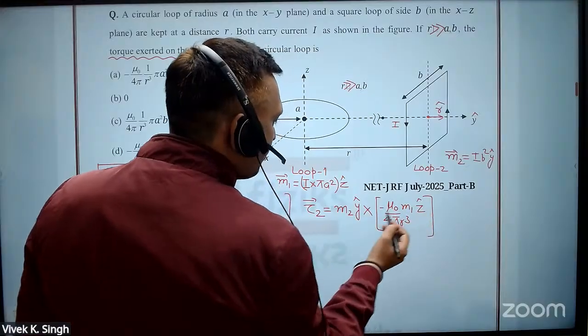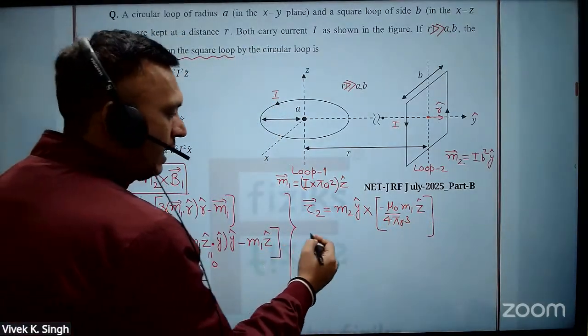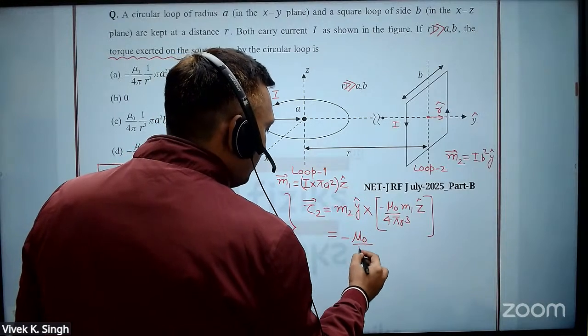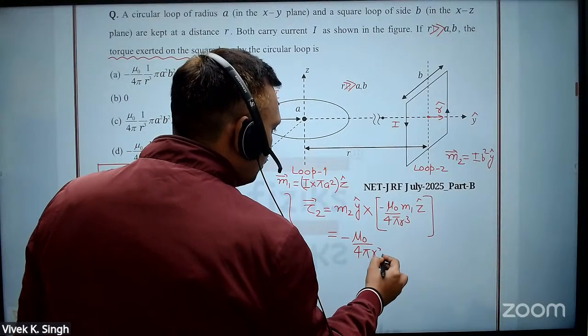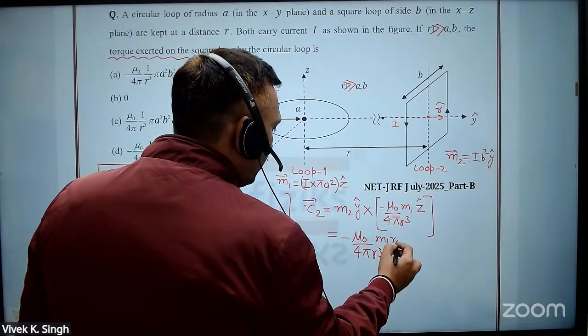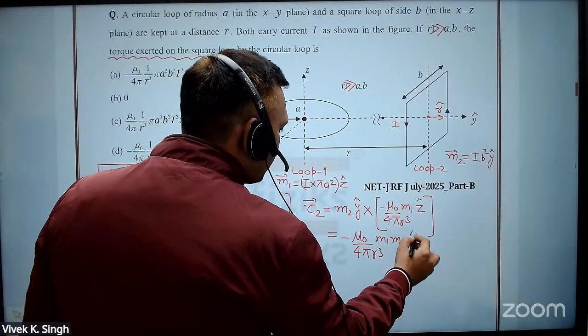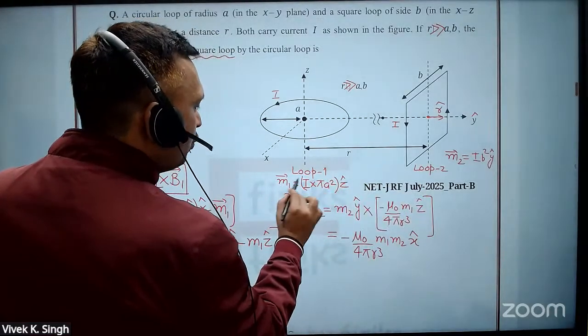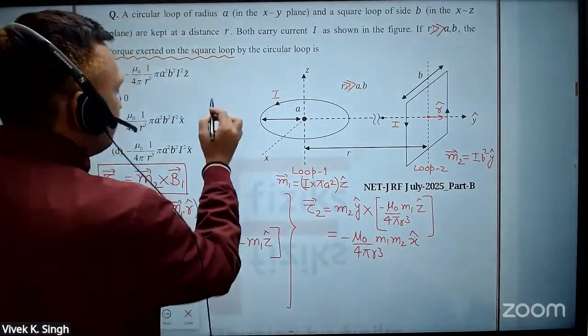And what is y cap cross z cap? That will give you x cap. So this will be minus mu naught by 4 pi r cube M1 M2, direction will be x cap. And what is M1 and M2? If you multiply the magnitudes M1 and M2, what will it give you? Let's check.